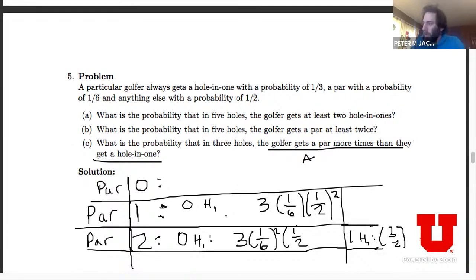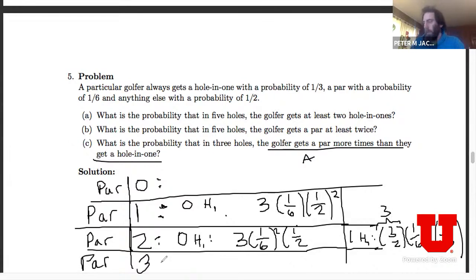So you have your 1/6 squared because they got 2 pars. And then you have the other hole, they got a hole in one. So that has probability 1/3 of occurring. Okay. And the 3 choose 2 is just equal to 3 here. All right. And then there's one more thing to deal with here. They could have gotten 3 pars.